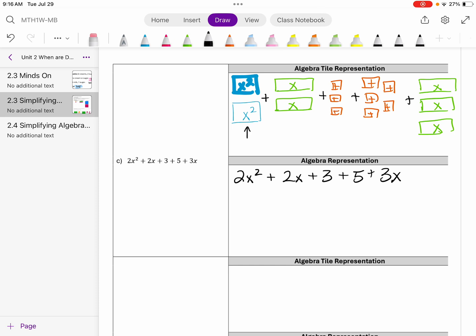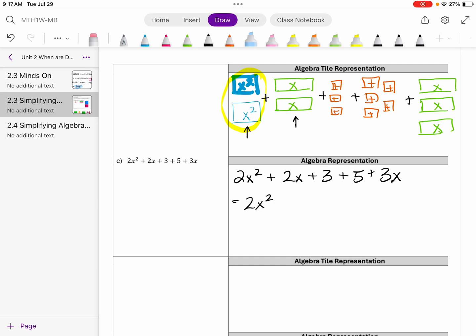This x squared and this x are 2 different shapes, so I cannot combine them to say that they are the same. So when I look at this picture, I've got my 2x squareds, and there's nothing that is like them. So I'm just going to have 2x squareds.